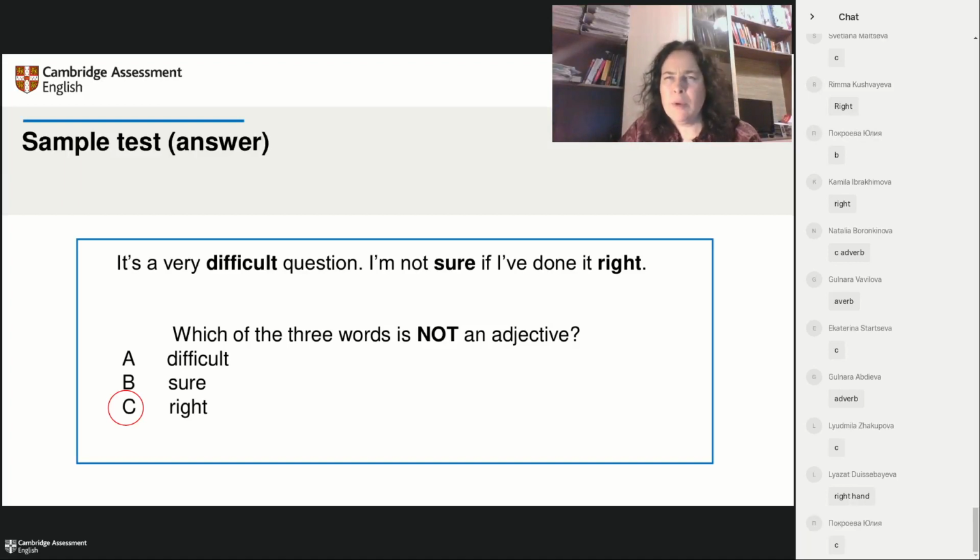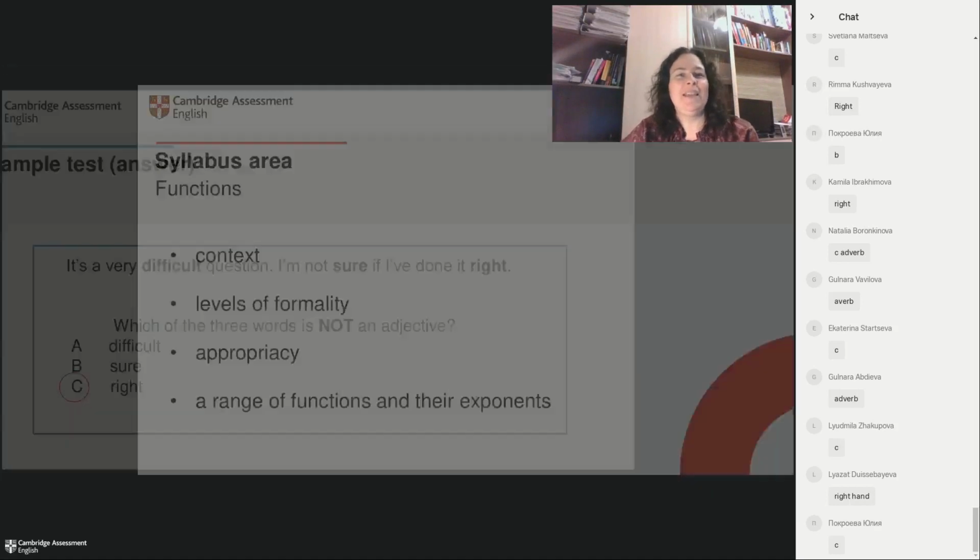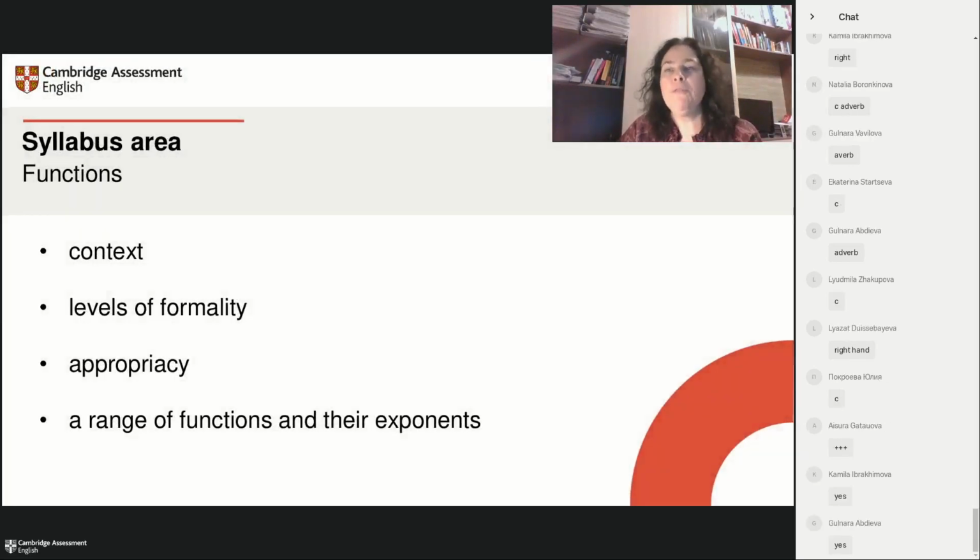Okay, are we ready to move on? One more example? Okay, so if we focus on functions, this is a great area, and I think many teachers still neglect this area. They focus on different grammatical structures and separate single word items, but they don't help their students become fluent because they don't teach chunks.